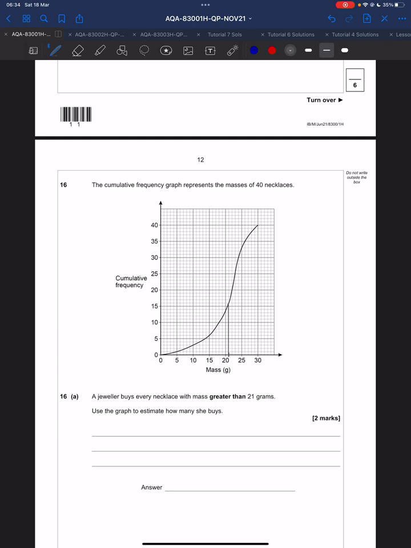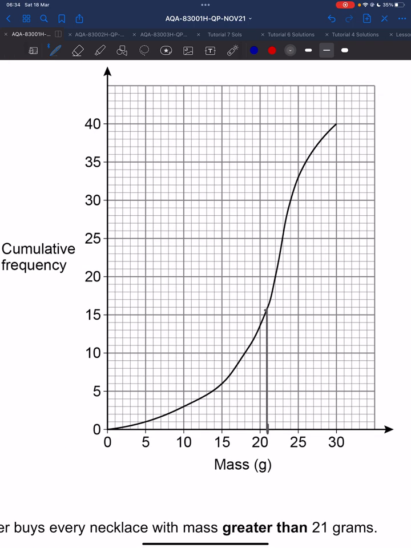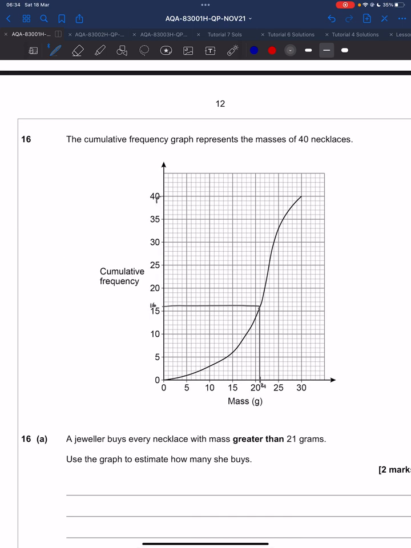Okay, read off. I need to zoom in a little bit. I think the mass 21 comes in at 16. So she'll actually buy all these ones. She won't buy these first 16. Sorry, number 15.